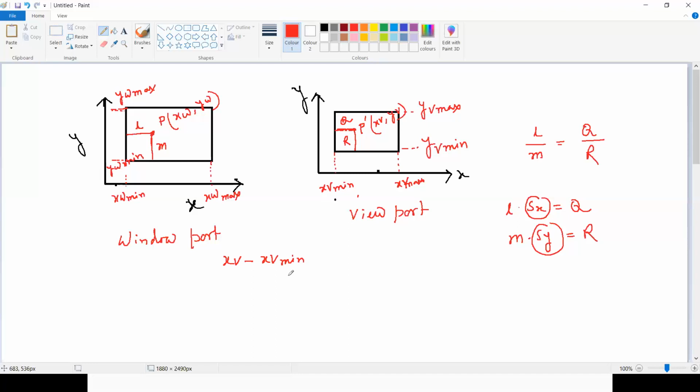Before that, our objective is to find out this Sx. So what we can do is find out the ratio, this one, by dividing it with xv max minus xv min. That means the q contributes how much percentage of the total length of the viewport.